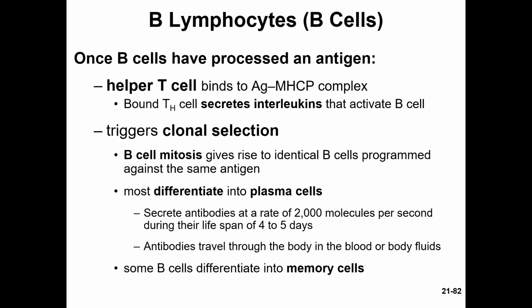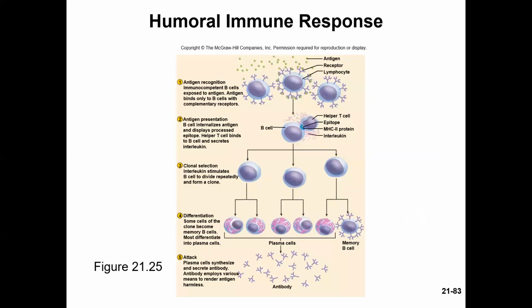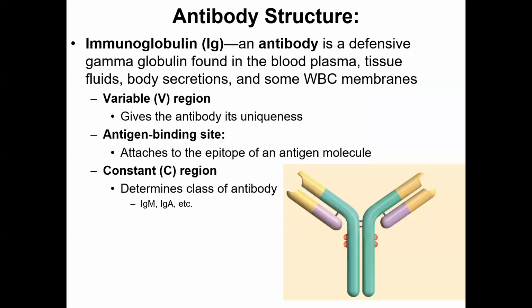Most differentiate into plasma cells. They secrete antibodies at a rate of 2,000 molecules per second during their lifespan of 4 to 5 days. Antibodies travel through the body in the blood or body fluids. Some B cells differentiate into memory cells. So this little picture gives you the map of the humoral response system and how that all takes place.